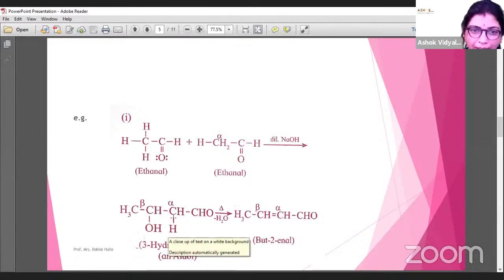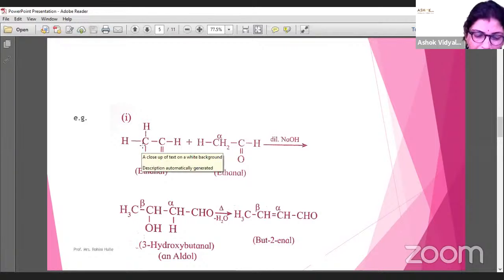This is an aldehyde containing at least one alpha hydrogen atom. This is the alpha hydrogen atom. It undergoes a reaction in presence of alkali as a catalyst to form beta hydroxyaldehyde, means there is formation of an aldol.